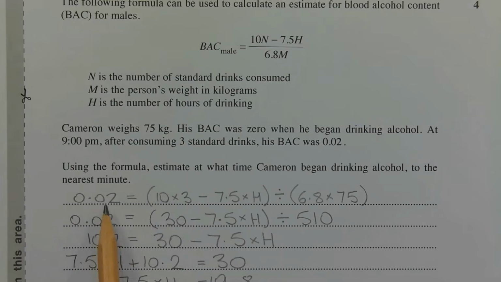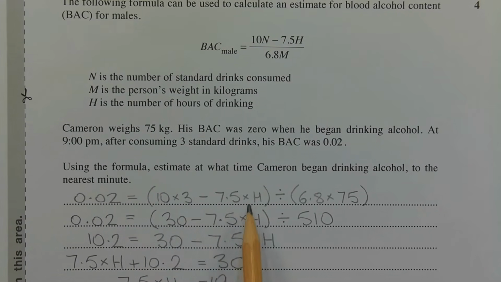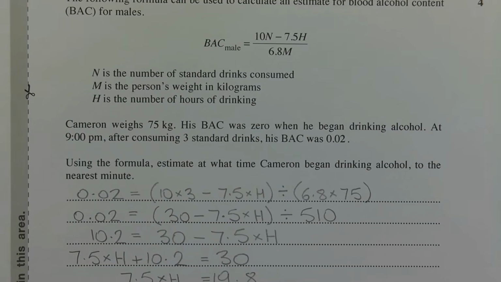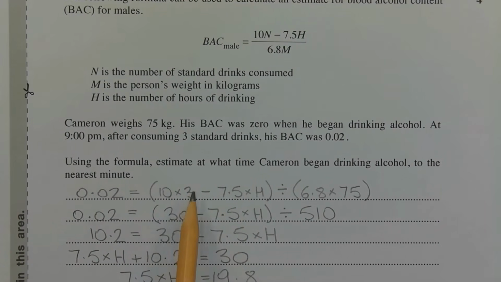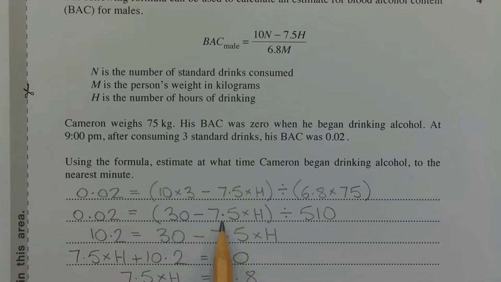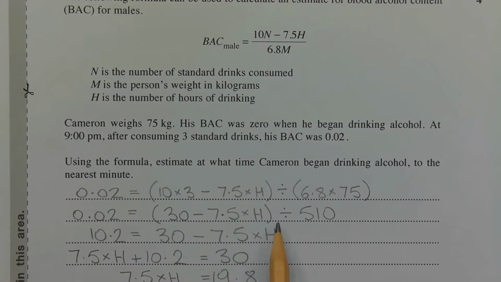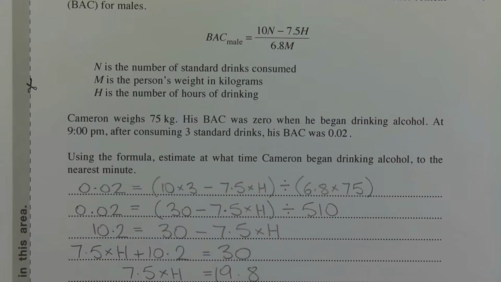So 0.02 is equal to (10 times 3 minus 7.5 times h) in brackets divided by (6.8 times 75) in brackets. So I've evaluated 10 times 3 here and 6.8 times 75 here. So the equation can be written in a more simplified form. 0.02 equals (30 minus 7.5 times h) divided by 510.